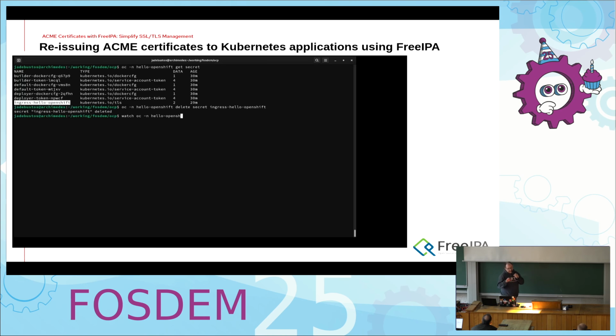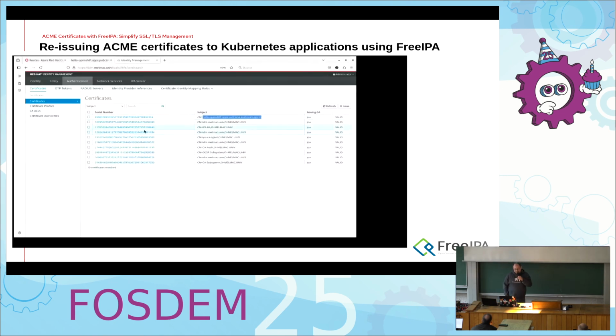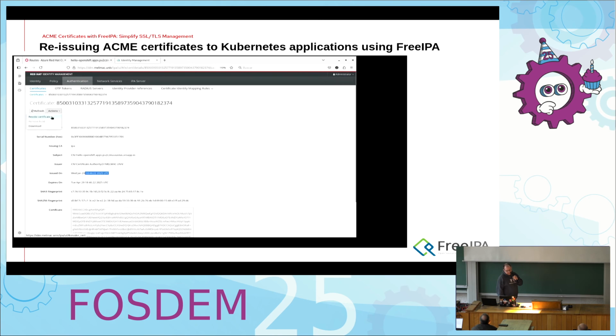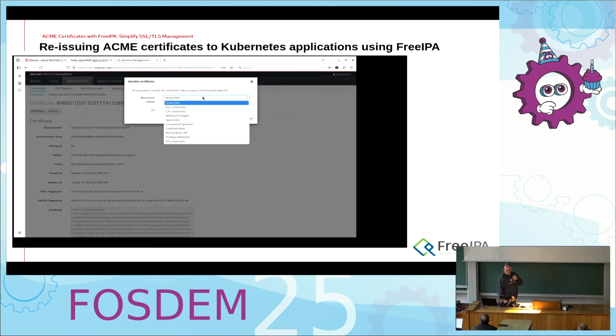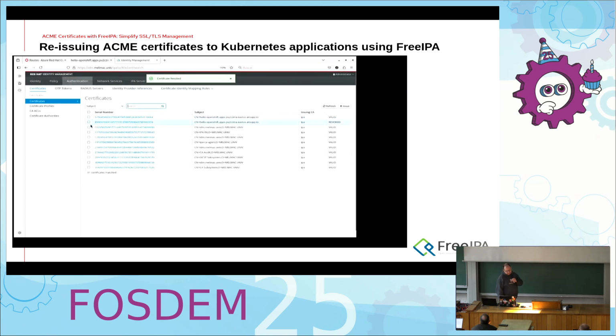So in case someone deletes the secret by error, by mistake, there is no problem. Automatically it will be renewed. You see that this is in false state, and now it's true. The new certificate has been issued. Now we're going to revoke the old one because it's no longer valid. As you can see here, there are two certificates.